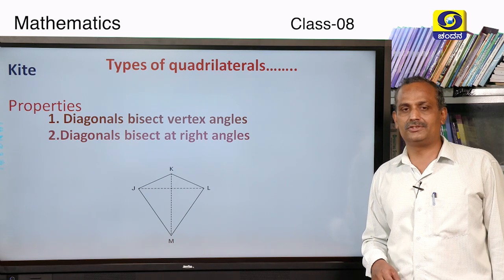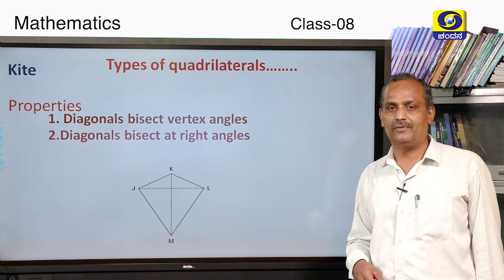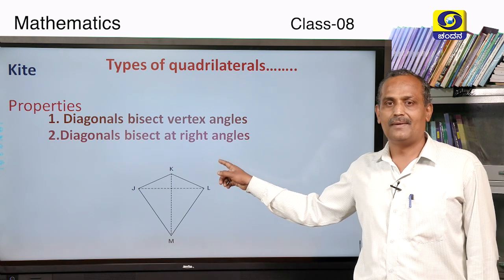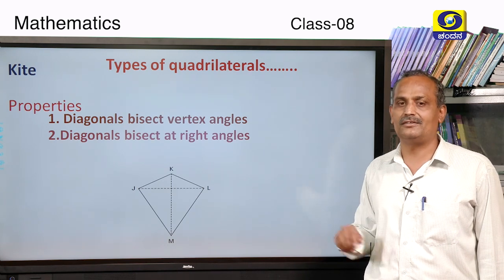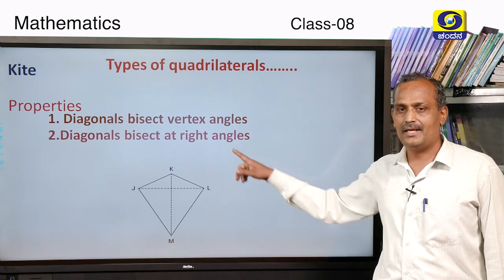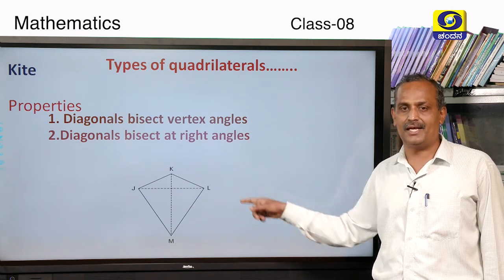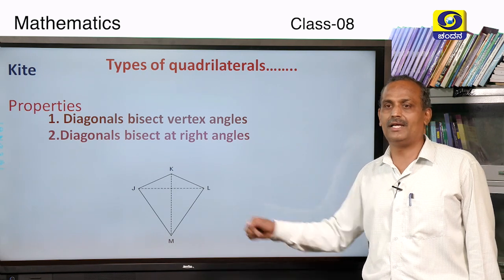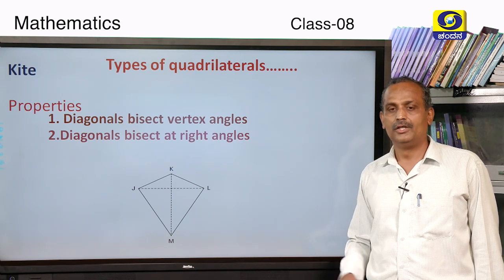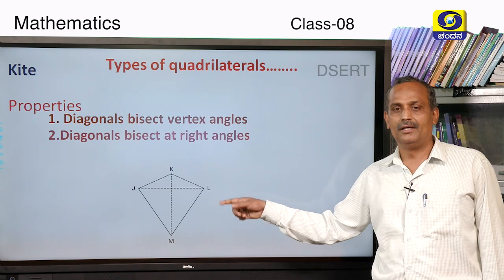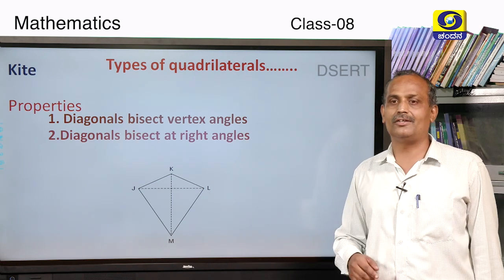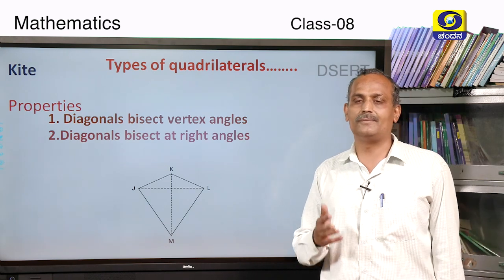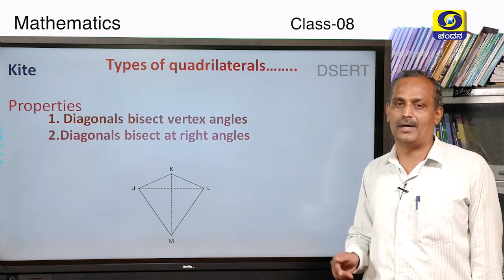As listed in the properties, let us understand that diagonals bisect the vertex angles. Which are the vertex angles with respect to KM? The angle formed at K and the angle formed at M are vertex angles. If I draw KM, it cuts JKL into two halves. I think you have understood what half is: it makes two equal parts.